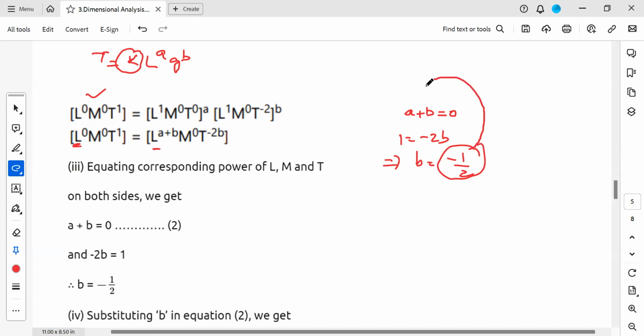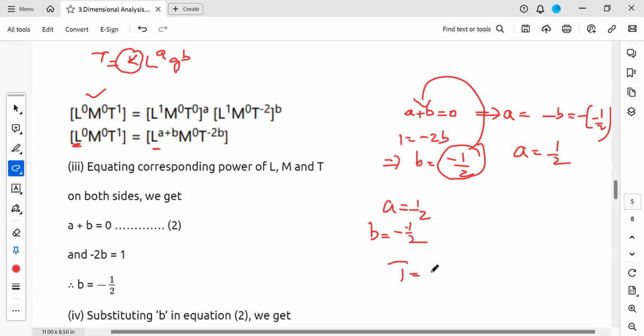So substitute b here. In this equation you will get a value. a is minus b, that is minus of minus 1 by 2. So the value of a becomes 1 by 2. Now substitute a is equal to 1 by 2 and b is equal to minus 1 by 2 in the equation time period is equal to k into L power a, g power b.